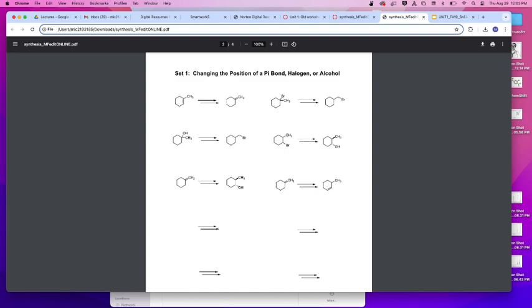Okay? These synthesis arrows do not mean that. They just mean some reactions need to happen. It could be 2, it could be 3, theoretically it could be 1, okay? It could be 20.